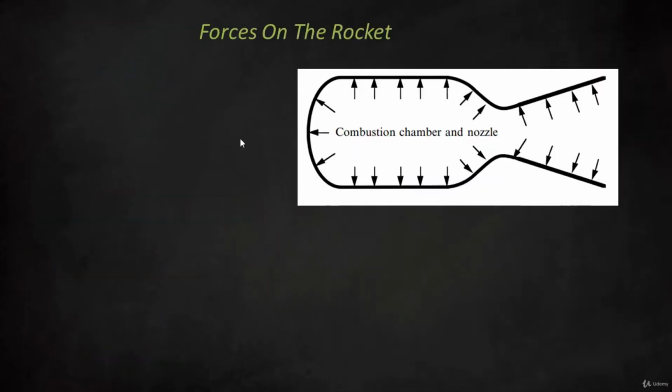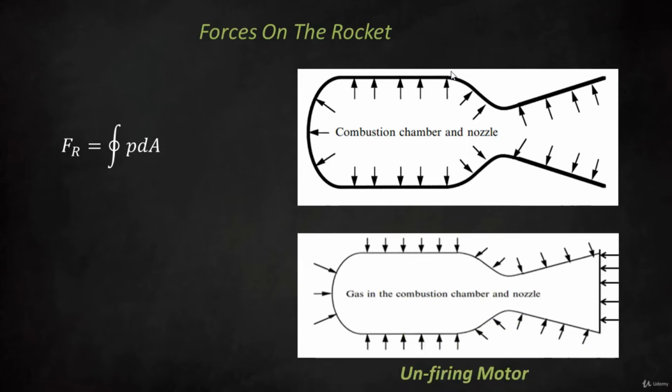So again, we can evaluate the forces on the rocket by integrating, so by multiplying the pressure times the area element integrated over the complete surface area of the combustion chamber and the nozzle. And again, we're not talking about a closed nozzle here. The nozzle in the real case is always open. So to evaluate the forces on the rocket, we will consider the unfiring motor.